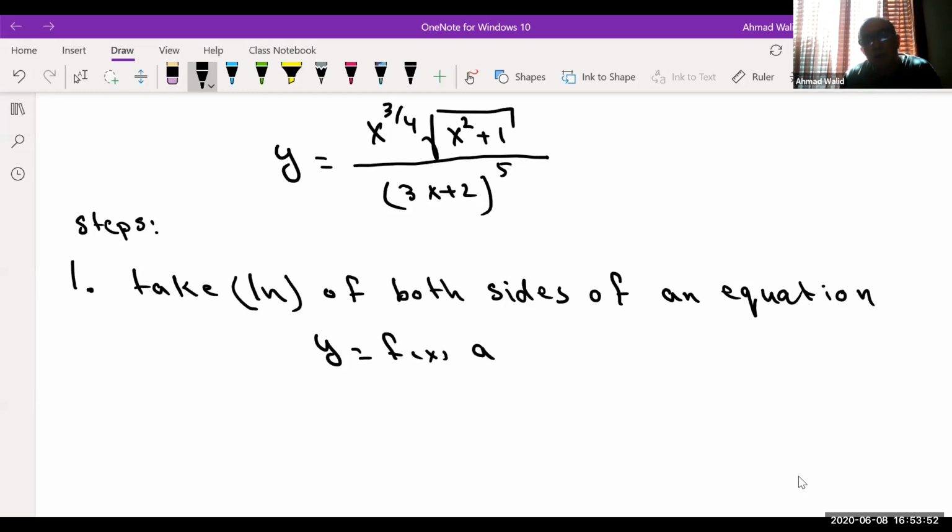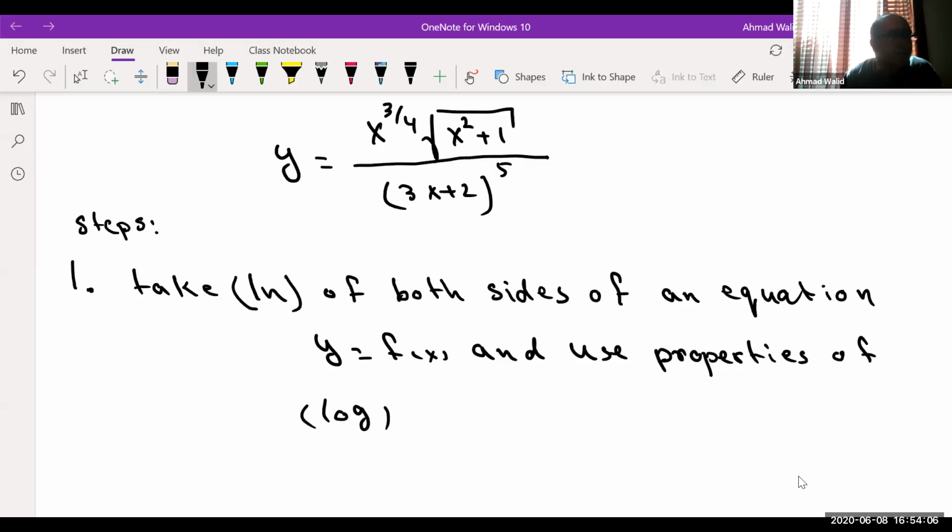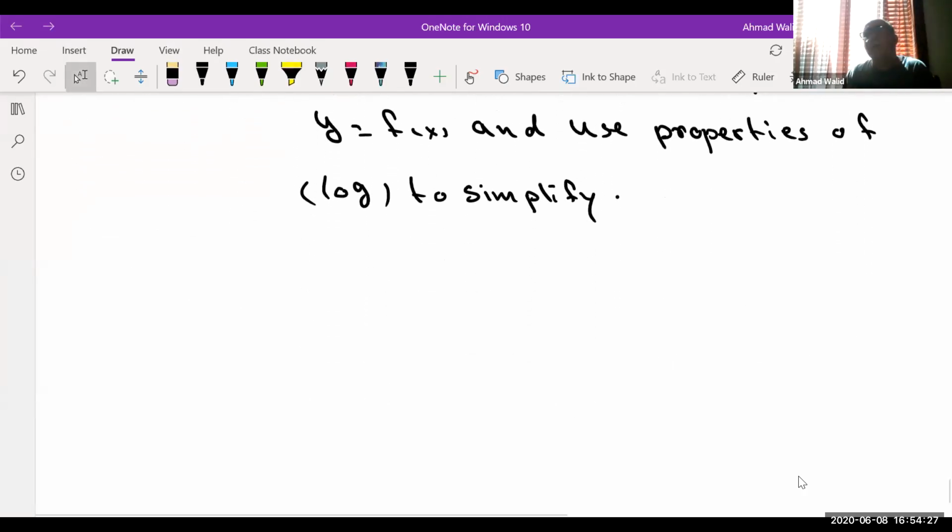And use properties of log or logarithm to simplify. That's your step 1. They give you such a function, put ln on both sides. Take the ln of both sides, right? And it means expand the right side, simplify. I will show it in an example for you.